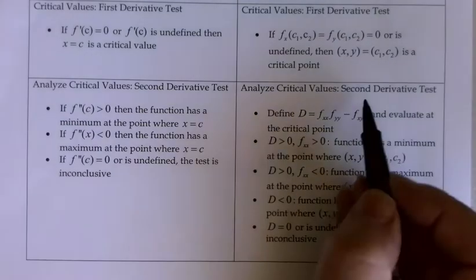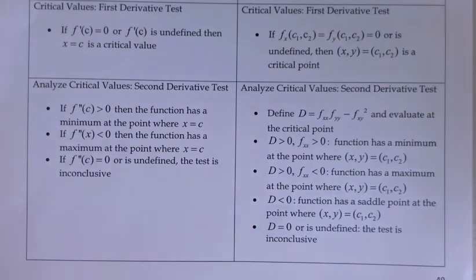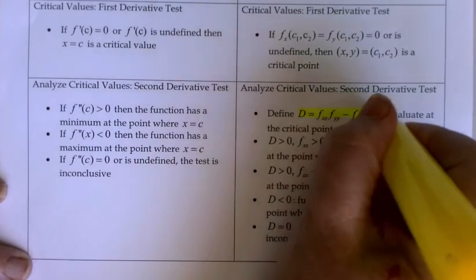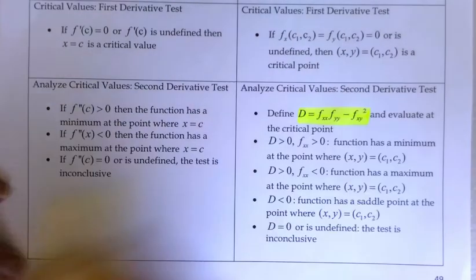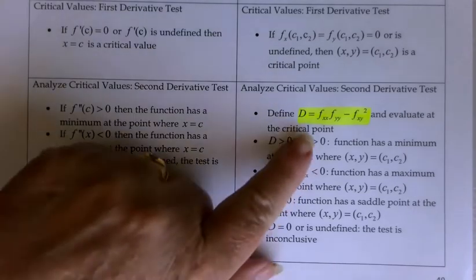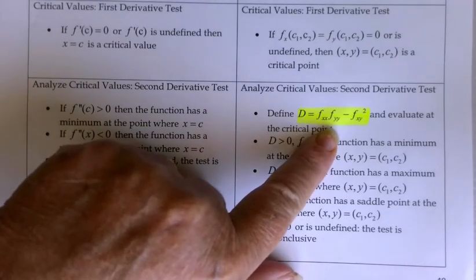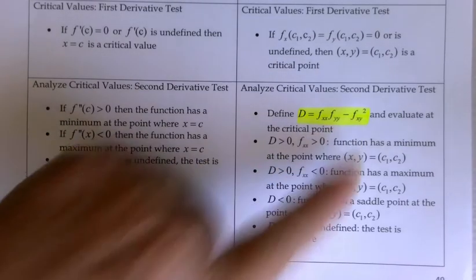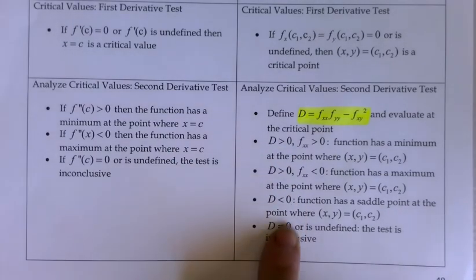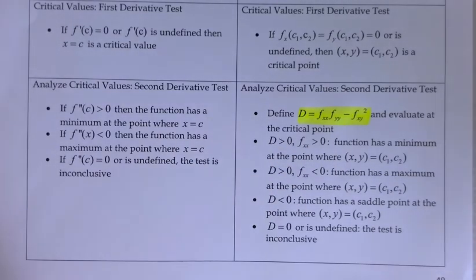In order to use the second derivative test, we have to define this value capital D, and notice that it's just an expression that involves all of the second derivatives. The product of f sub xx and f sub yy, subtract the square of f sub xy. We go ahead and plug our critical value into there, and then we have these descriptions of what's going on.